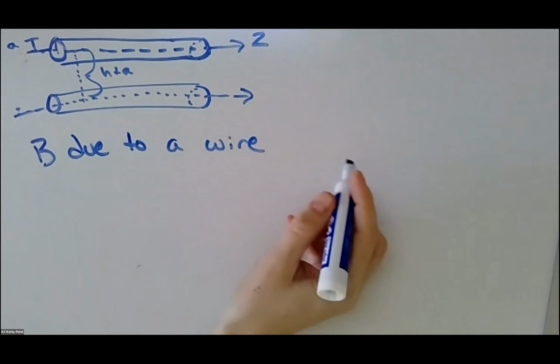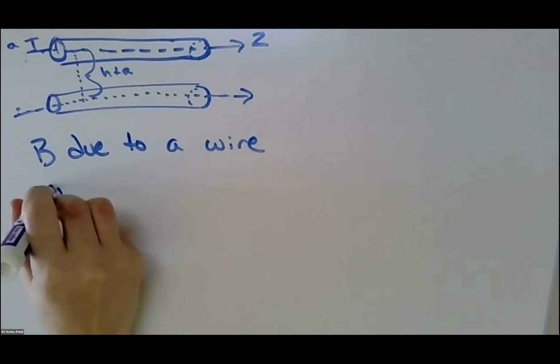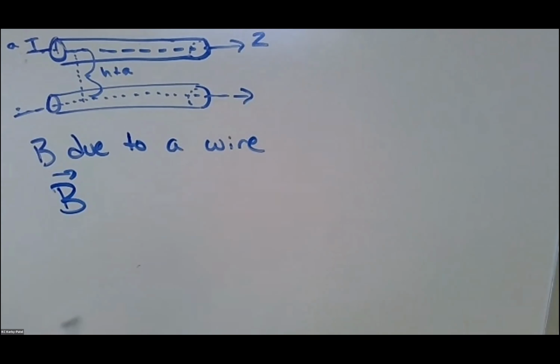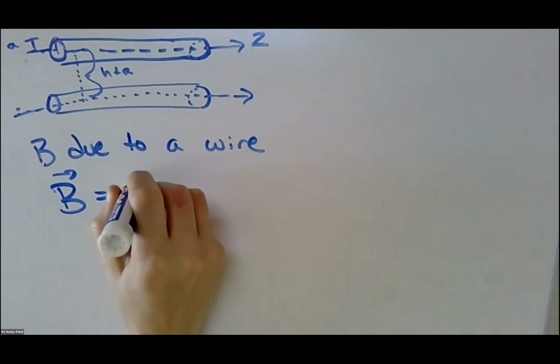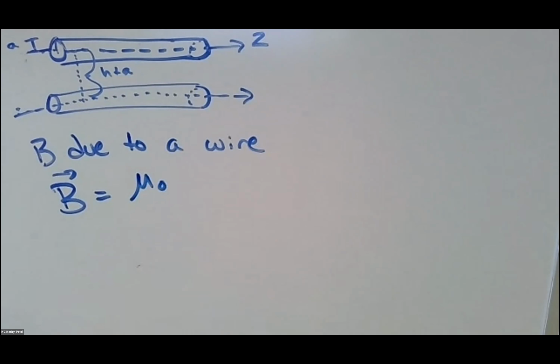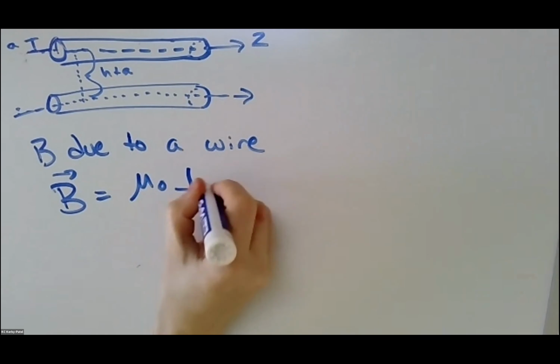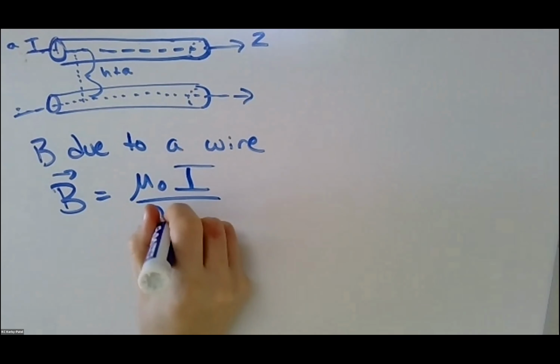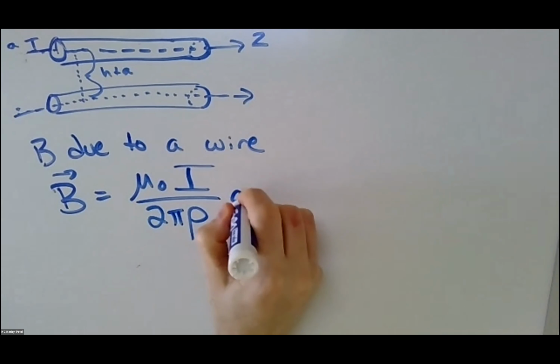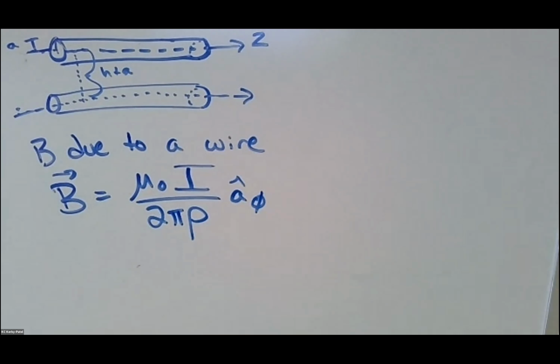And if that's the case, then the magnetic flux density due to that wire is going to be mu naught, because we're not in a magnetic material, times the current on the wire divided by 2 pi rho, A hat phi. We remember that because we calculated the magnetic field due to a wire when we were doing Biot-Savart law stuff.